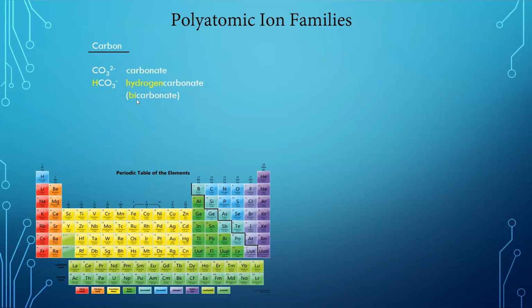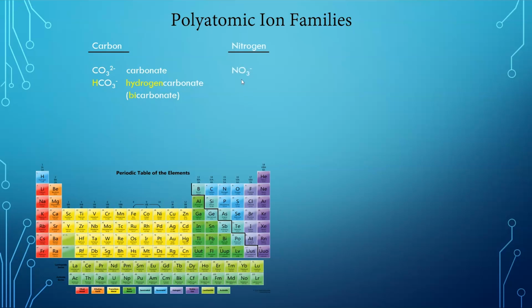The prefix bi is just an old-fashioned name that means the same as hydrogen. So either one of those is perfectly fine. That's essentially the entire carbon family. It's a pretty small family here, sort of like a single parent with 1 child. Some of the families get very large. So let's move from carbon next door to nitrogen.